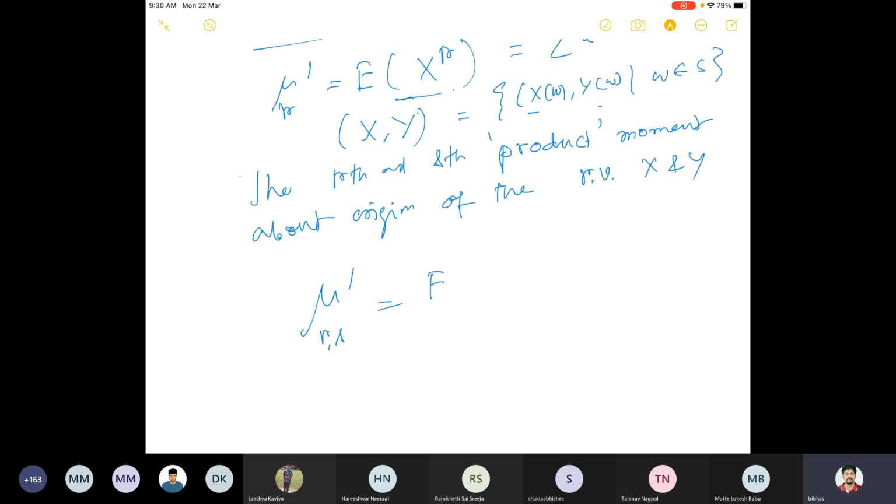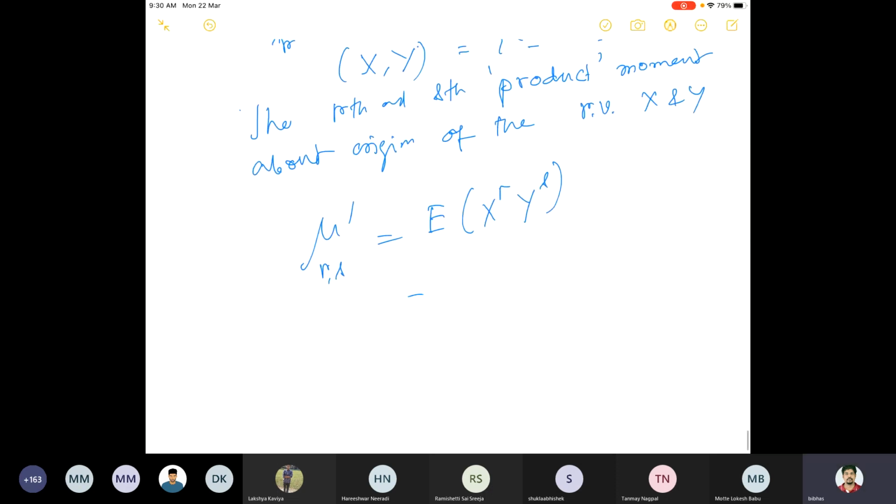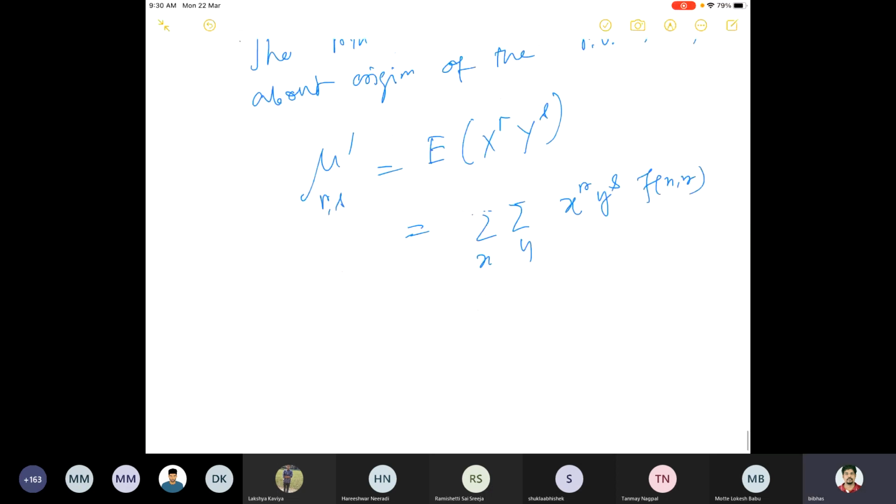This is the expectation of x to the power r, y to the power s, and the way it is defined is the sum of the product x to the power r, y to the power s, and f of x y. So this is the joint PDF. If x and y are discrete, it is this, otherwise continuous.